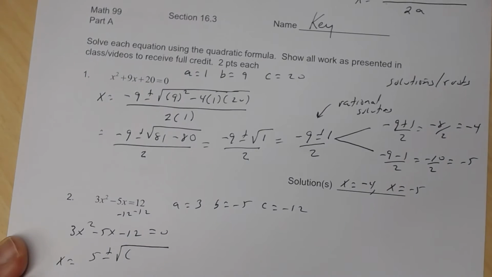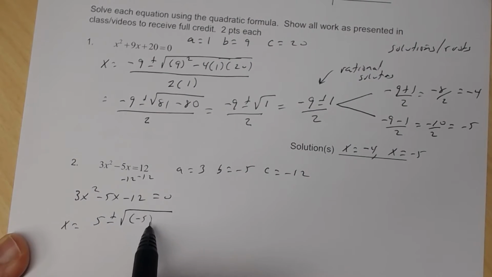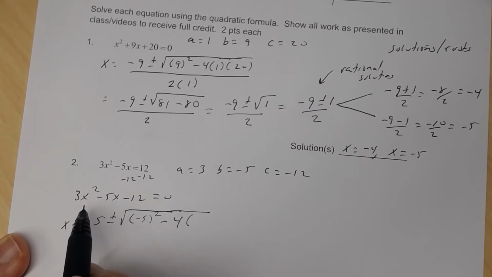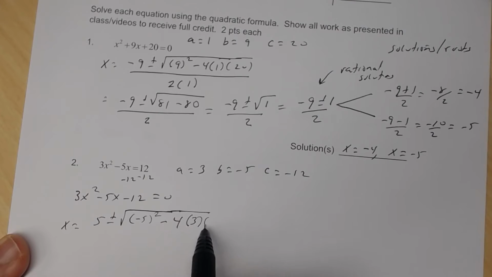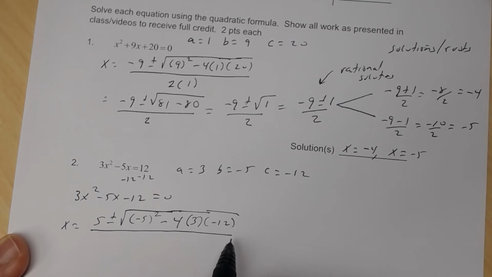So I'm going to put in parentheses right here, b, which is negative 5, but I've got to remember that I'm squaring that, minus 4 times a, which is 3, times c, which is negative 12. All of that, so notice I'm going from 5 all the way to the end of this radical expression, is being divided by 2 times a, so that's 2 times 3.